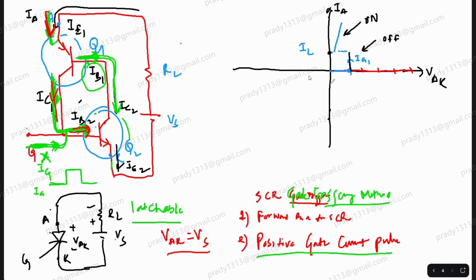Now I can turn on the SCR at a higher supply voltage. Possible? Very much possible. Let's say this is IG2. Then the same thing will happen: as the anode current crosses the latching current, it will start conducting. Same thing we can do at IG3, at a little higher supply voltage.